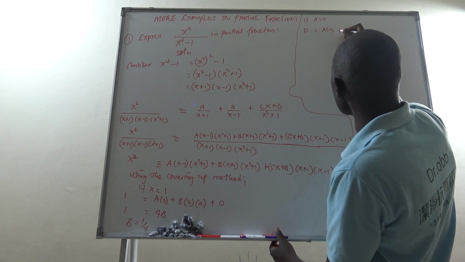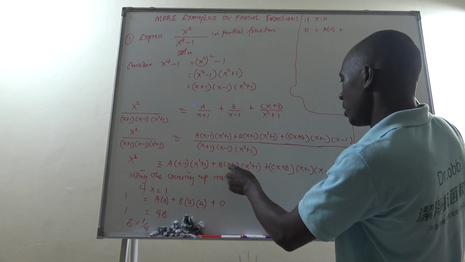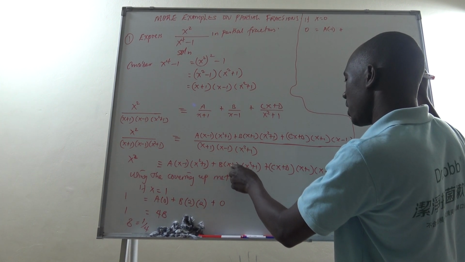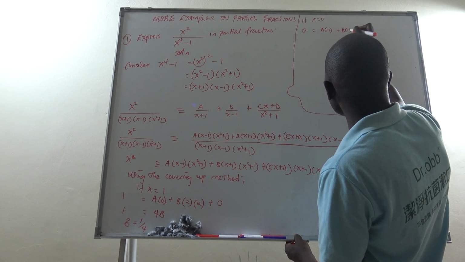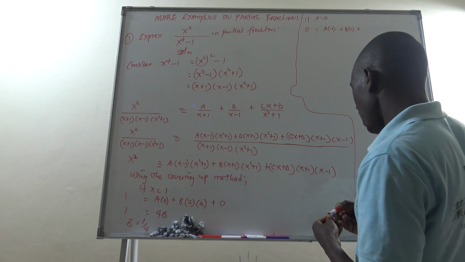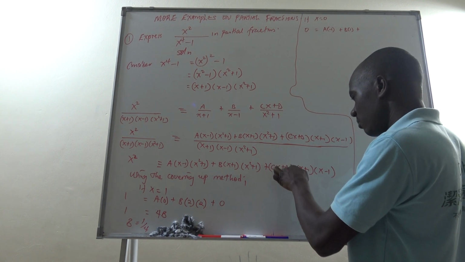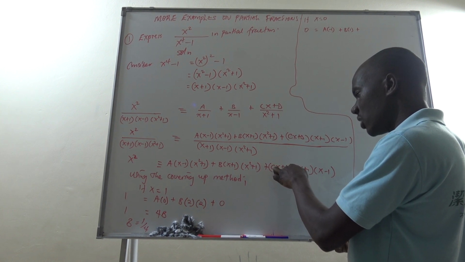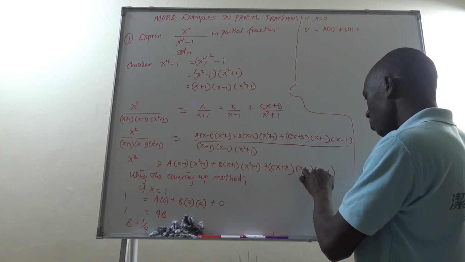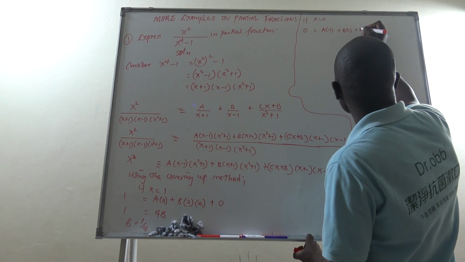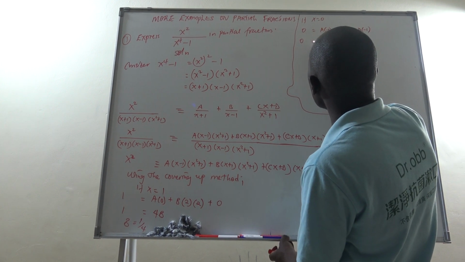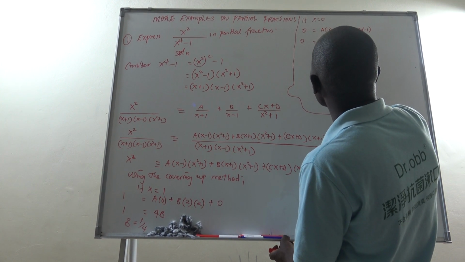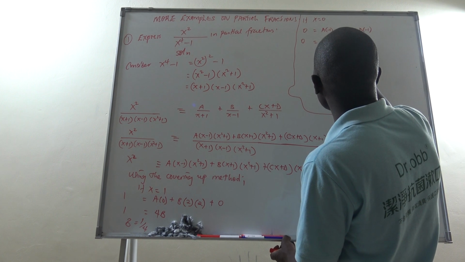Then 0 plus 1 is 0, so we remain with only b into 1. The cx term is 0, and we remain with d into negative 1. So 0 equals negative a plus b minus d.